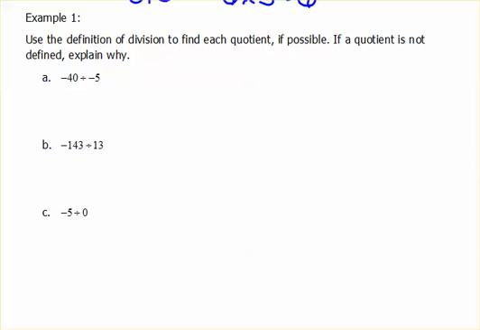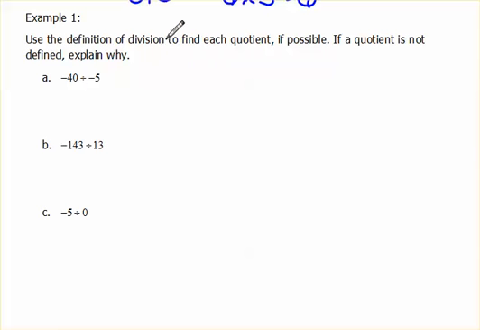Okay, so first of all, example one says use the definition of division to find each quotient if possible. If a quotient is not defined, explain why. What they mean by use the definition of division is they want you to turn this back into a multiplication problem.